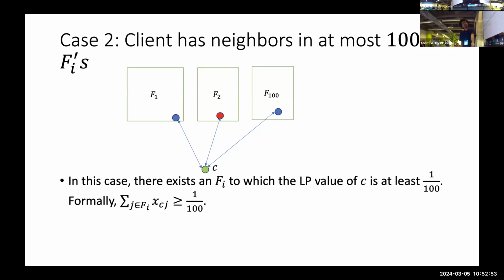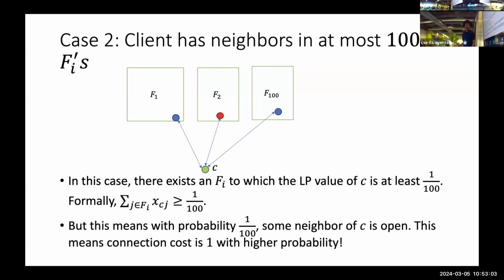There should be some Fi to which your total flow, the total LP mass that you send, should be at least 1 over 100, because you have to get matched. But this means that with probability 1 over 100, some neighbor of C is actually open, because remember that in each Fi we open exactly one center proportional to its probability. So this is also a good case. We have this win-win case, which is basically the motivation for why we are able to beat 1 plus 2.